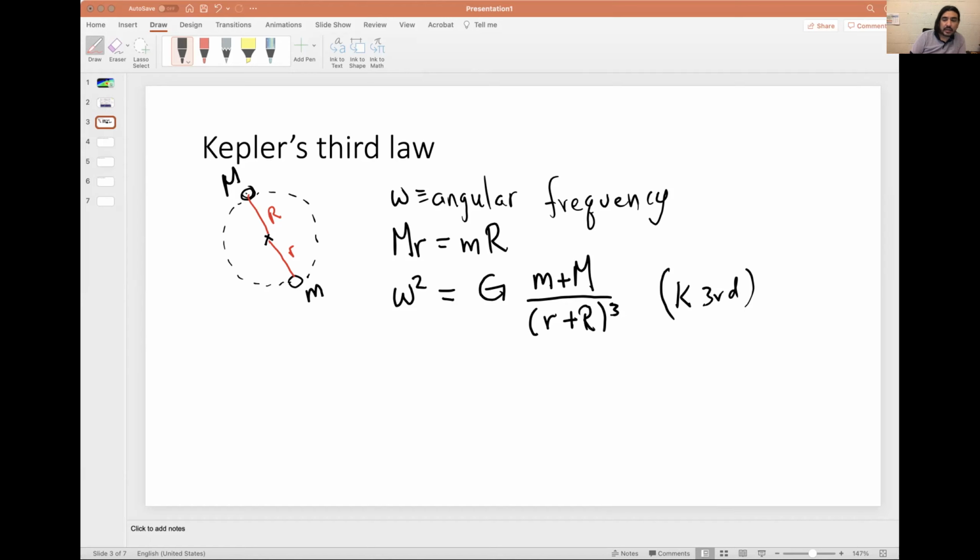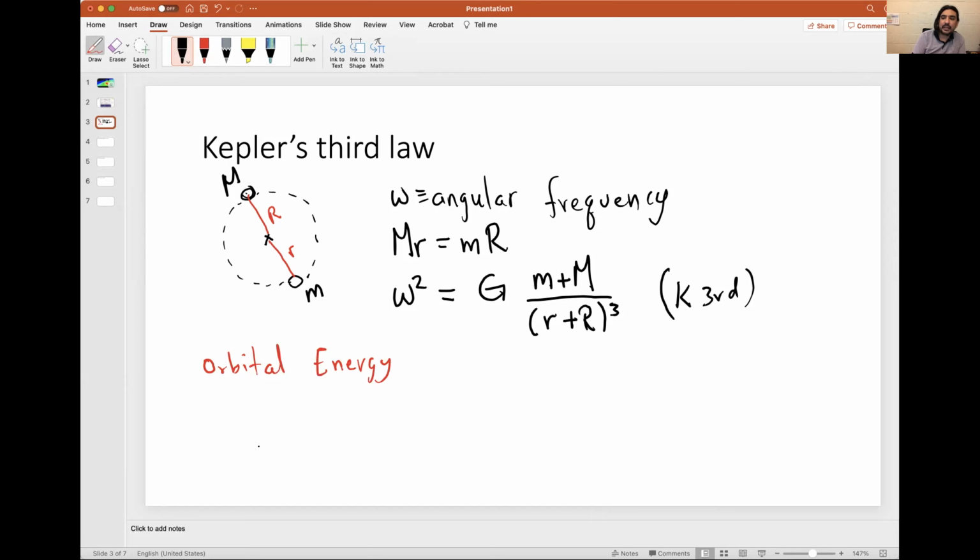All right, so then let's talk about orbital energy. Again, this is what you would be able to get from your Physics 1 class.